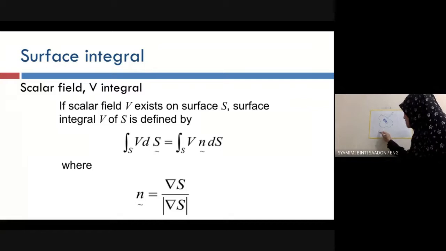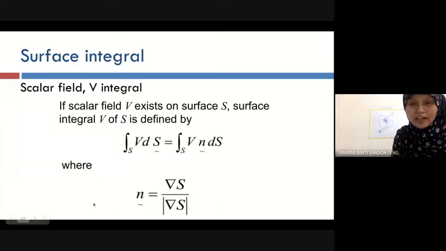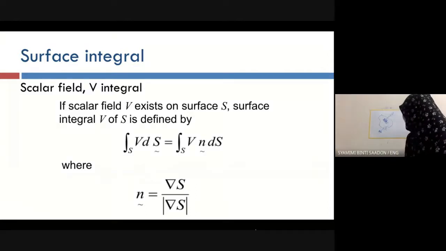The normal n is always perpendicular, orthogonal, to the direction of the surface. Or n can also be defined this way, the differential of S over the magnitude of S. For example, we have done in the previous chapter about the heat flux.